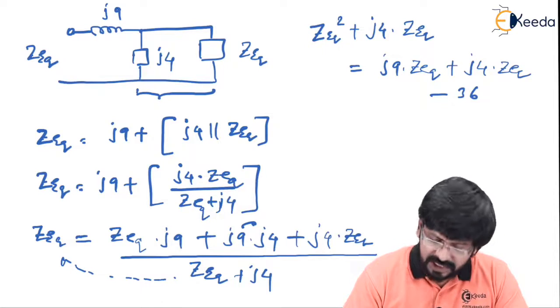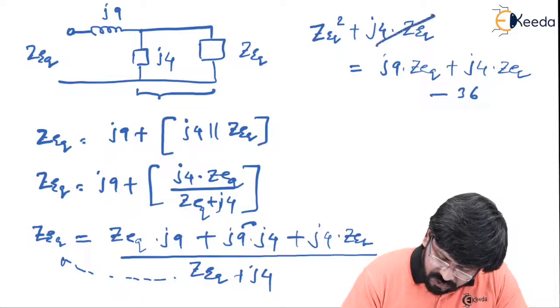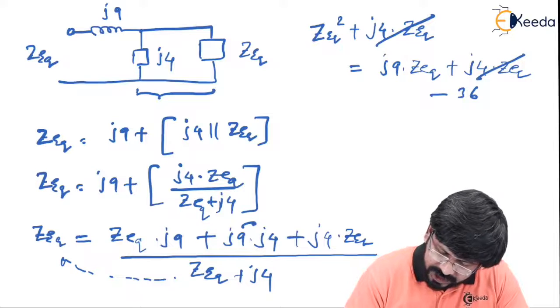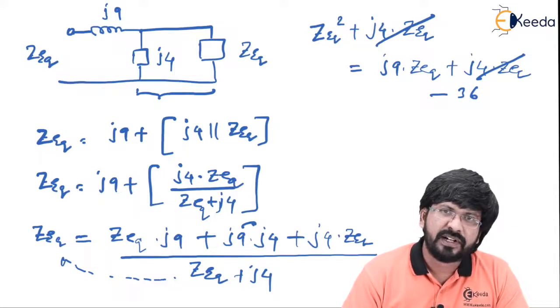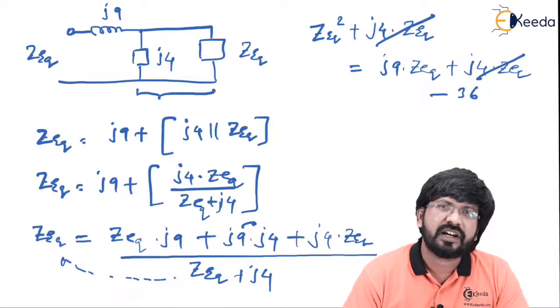Now, if you see left hand side and right hand side, J4 Z equivalent and J4 Z equivalent will get cancelled. Let me take the remaining terms of the right hand side to the left hand side and make a common equation, that is a quadratic equation.